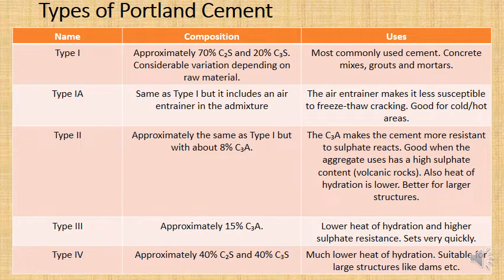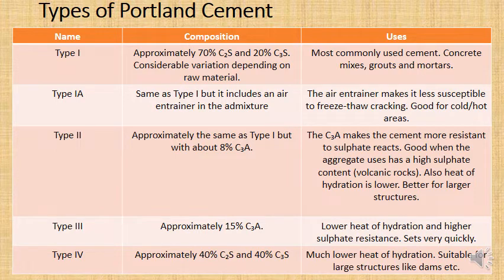So type 1 Portland cement is often called GP, or General Portland Cement, or GC, General Cement. And the composition of it is roughly around 70% dicalcium silicate and 20% tricalcium silicate. So most of the cement is basically where there's only 2 calciums to every silicate.